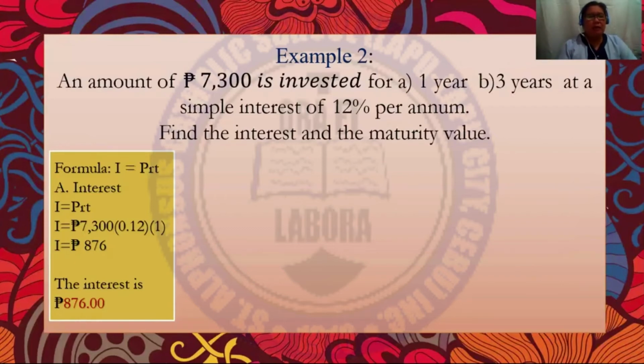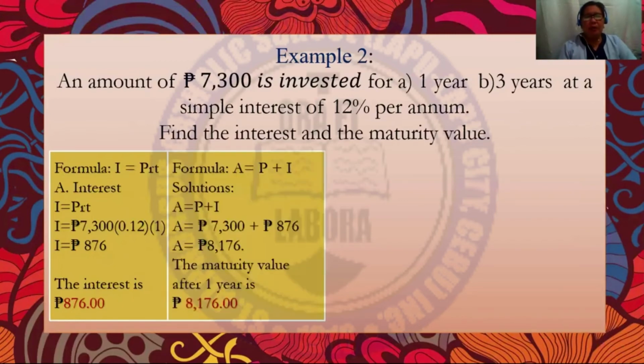So, all you have to do is to replace P with 7,300 pesos and change 12% into decimal form, 0.12, and times 1 for 1 year. So, the result is 876. So, the interest earned for a year is 876 pesos.